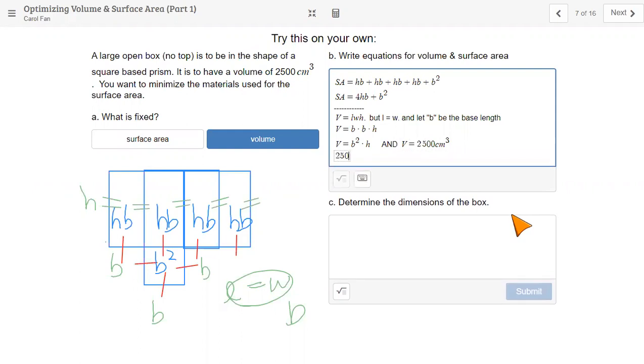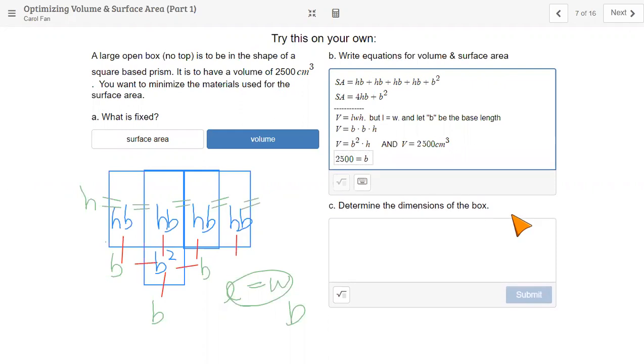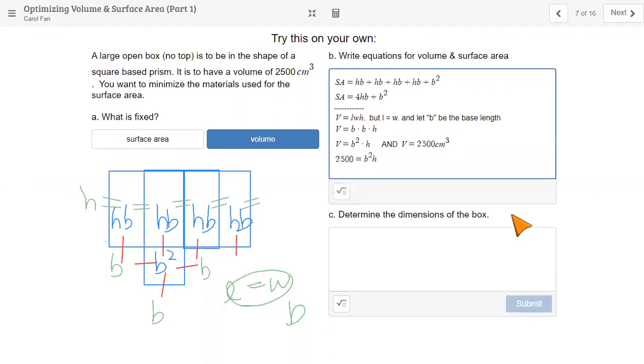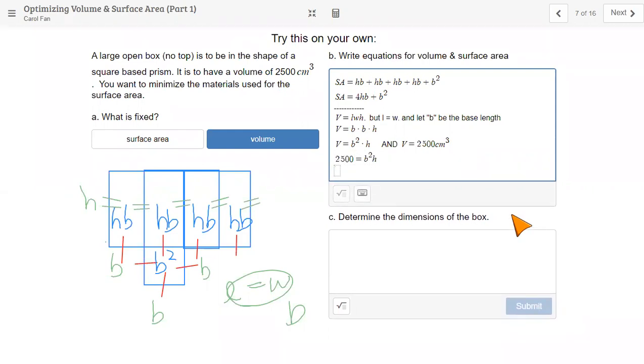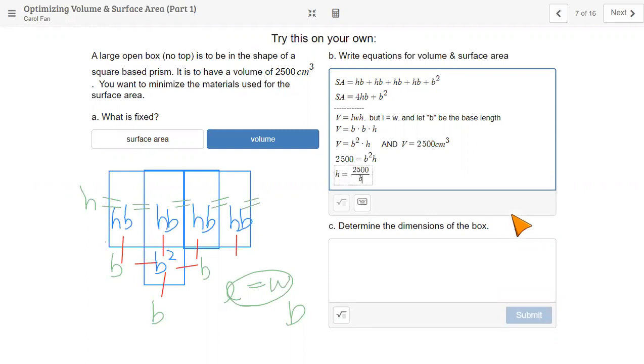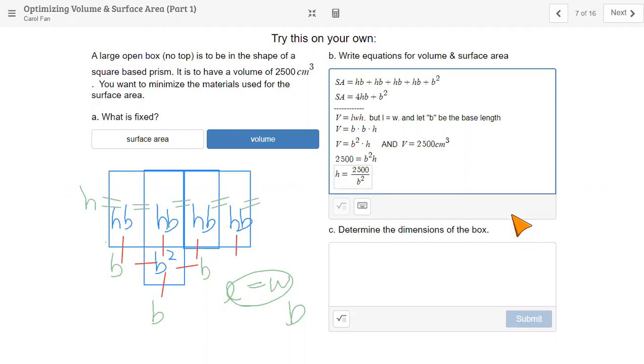So I can rewrite that equation as 2,500 is equal to B squared times H. And I'm going to rewrite it again so that I can express it with only one variable. So I have H is equal to 2,500 over B squared.